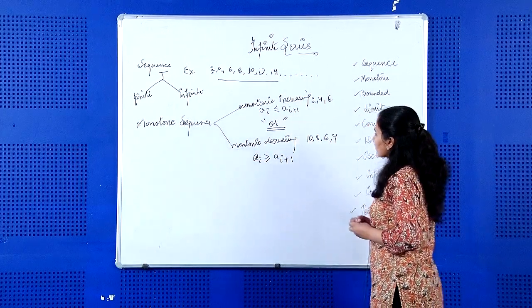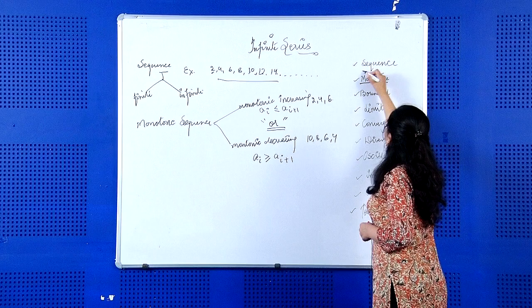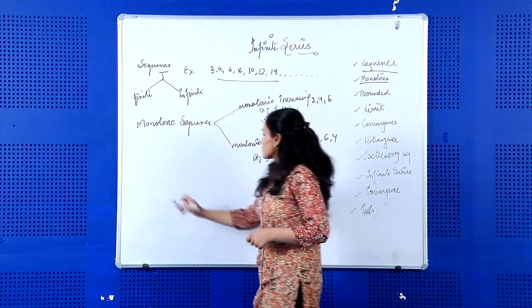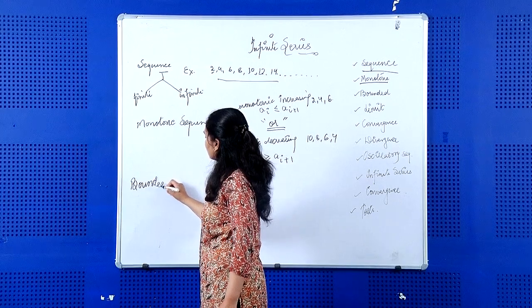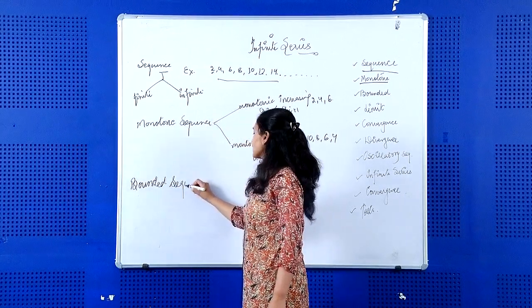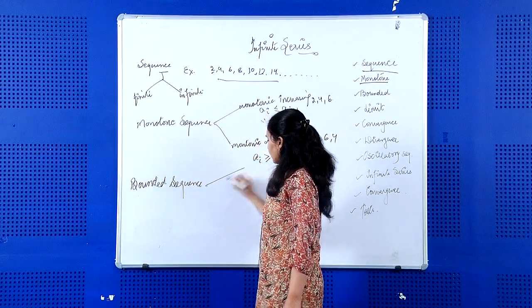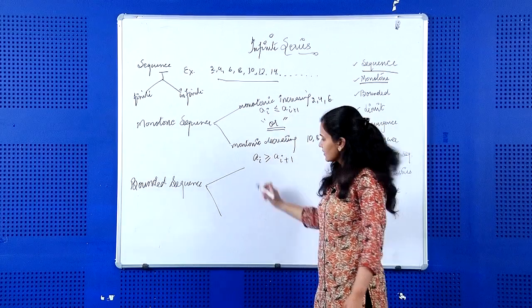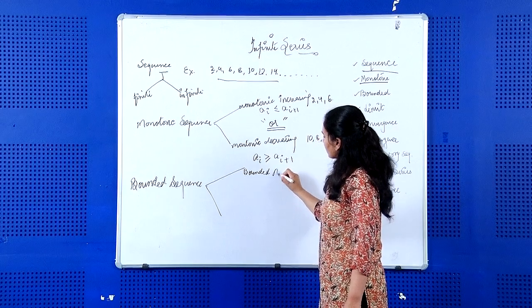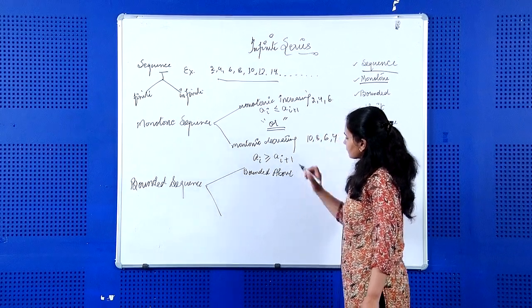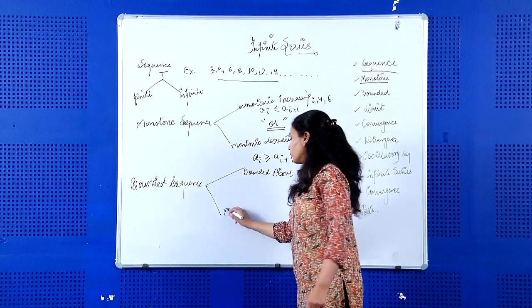After the monotone sequence, we have the bounded sequence. Let's see what this bounded sequence is. For learning the bounded sequence, we have two types. One is bounded above, and one is bounded below.